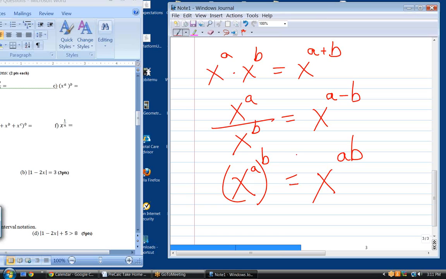So I found that that's the best way to memorize these, is always remember that what you do with the exponents is never the same as what you're doing with the base. It's always one level less.